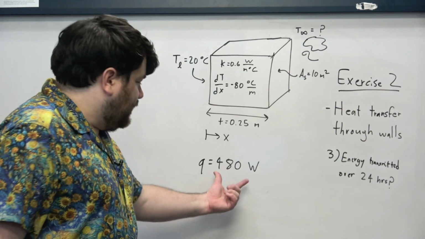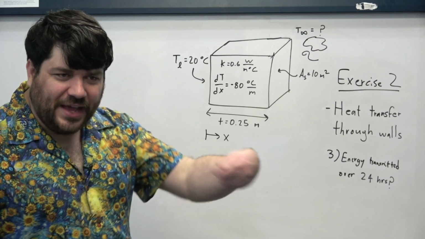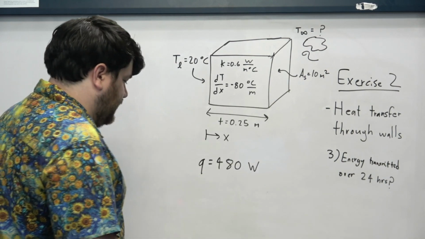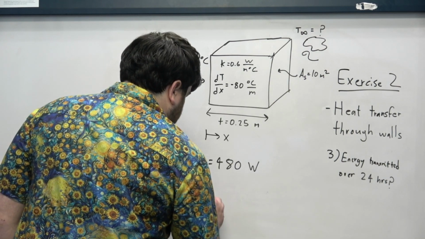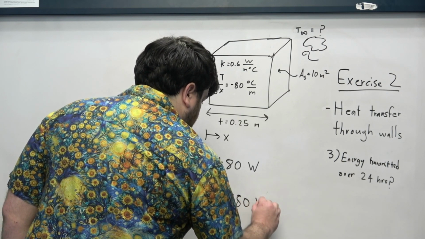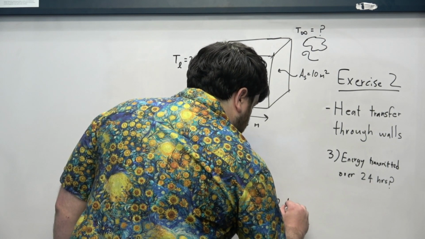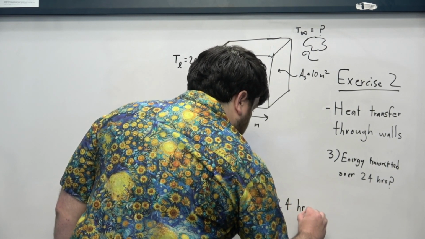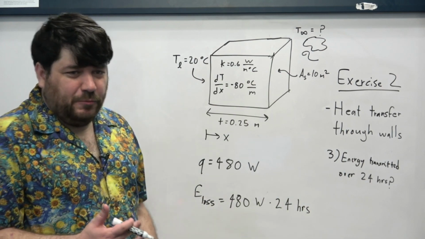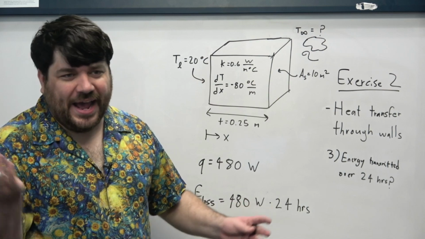Well, all we have to do is just multiply this rate over that amount of time, right? So the energy loss is just going to be for the 480 watts that we already found times 24 hours. Now, we could just multiply this and get 480 times 24 watt hours.